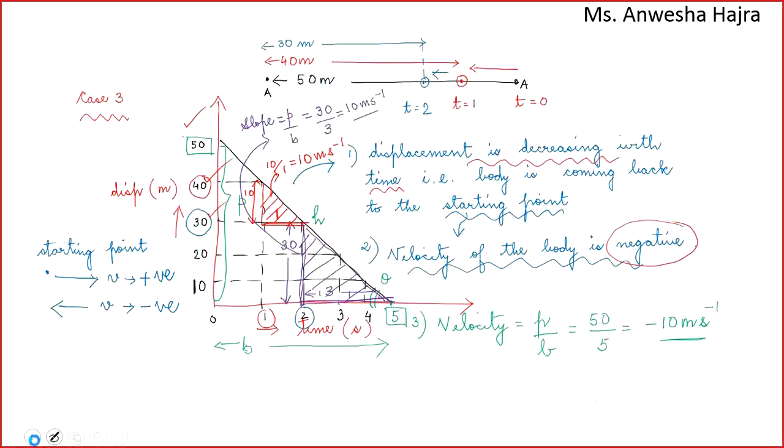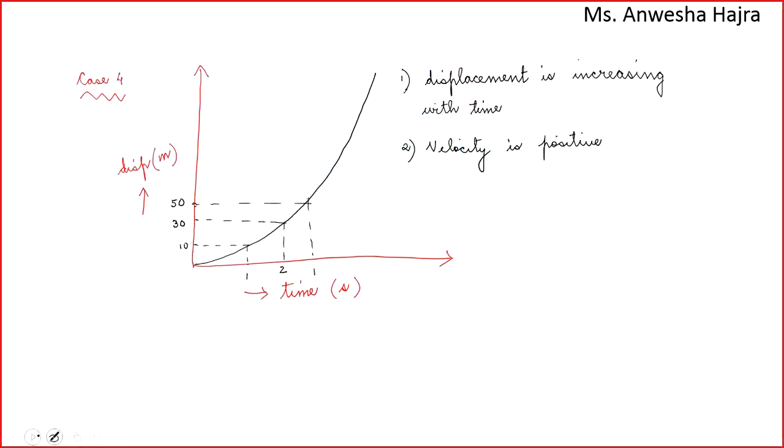In the next case also we could have told that velocity is same. So body is moving with uniform velocity. It is not changing. But in this case, every point slope is changing.